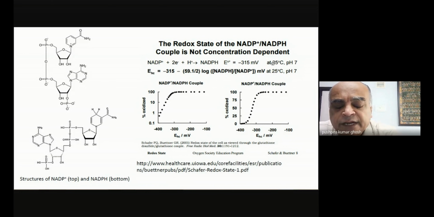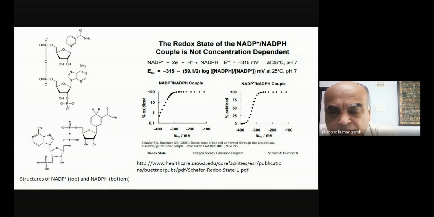What does that mean? Is it a spontaneous reaction or a non-spontaneous reaction? Is it thermodynamically favored or thermodynamically unfavored? Are you aware of the relationship delta G is equal to minus NFE?